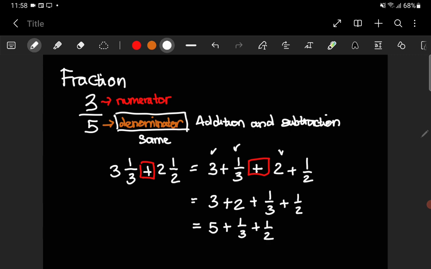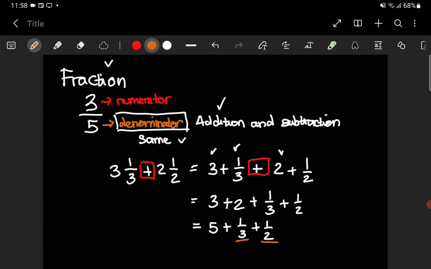Again, when you're dealing with an addition involving fractions, what should you do? You need to make the denominator the same. If you look at the question, the denominators of these two fractions are not the same, so you need to make them the same. 3 and 2. What is the number that can be divided by 3 and 2?